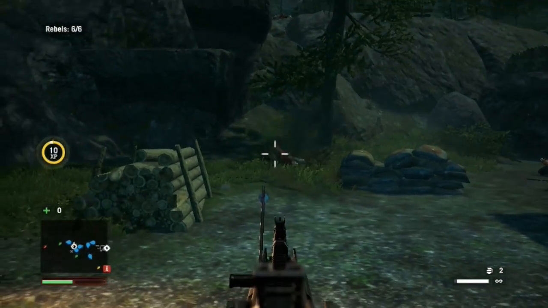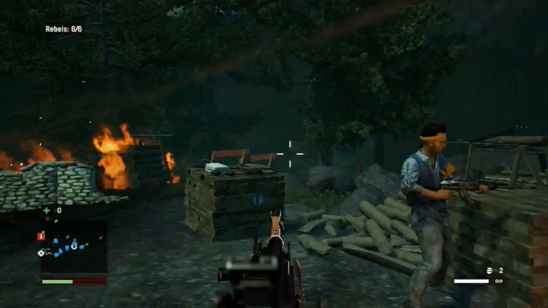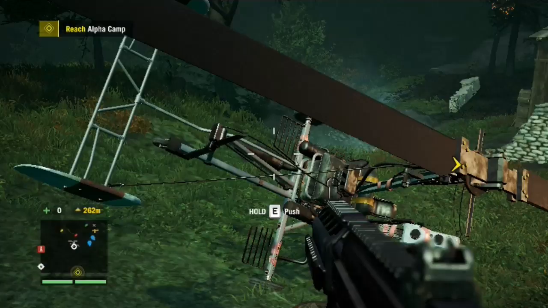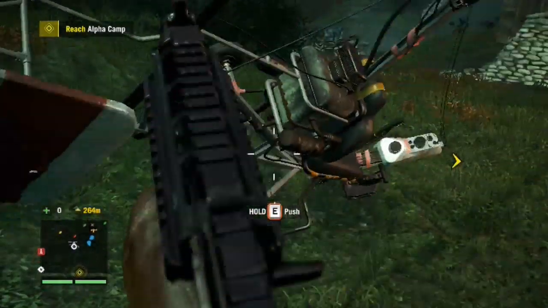I was getting about 30 to 40 frames per second in this gameplay at these settings, but I would take the average to be around 25 frames per second.